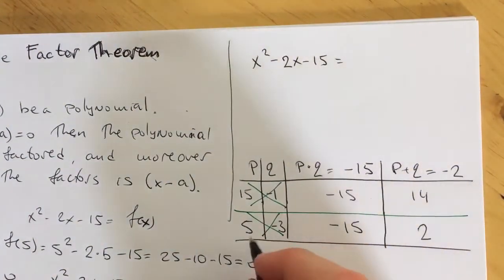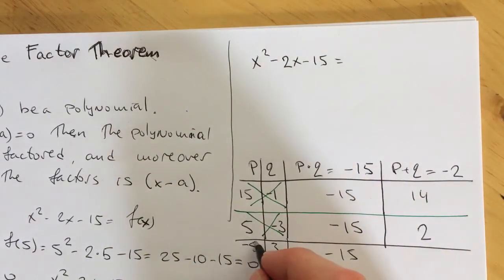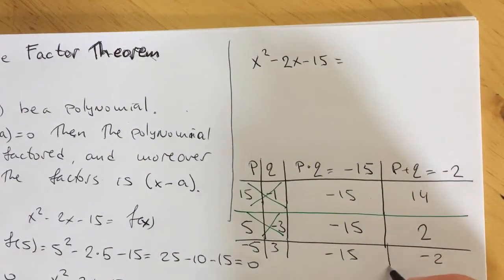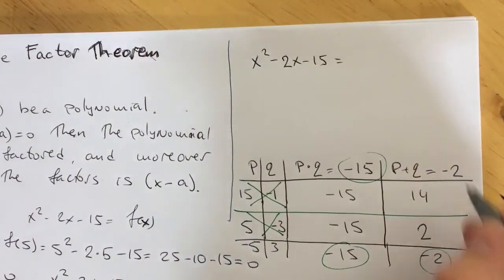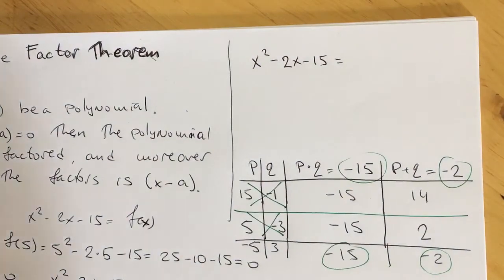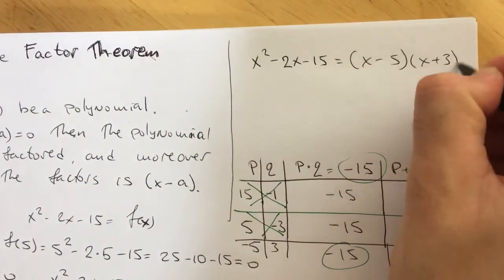Finally, you try negative 5 and 3, the product is negative 15, and the sum of these two is negative 2. And that's exactly what we needed, right? Negative 15 and negative 2. So you can factor this as x minus 5 times x plus 3.